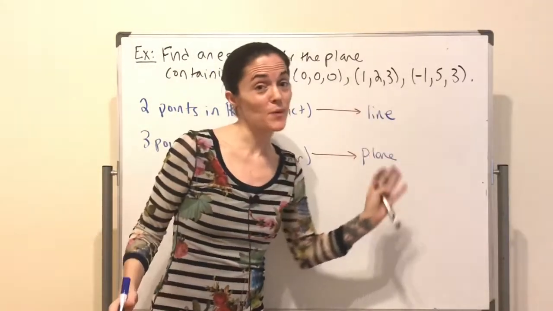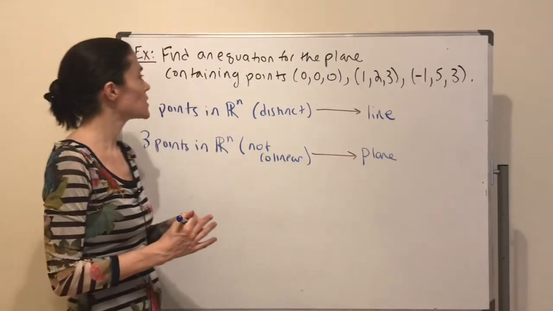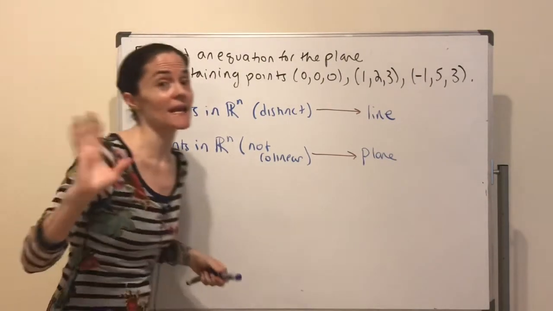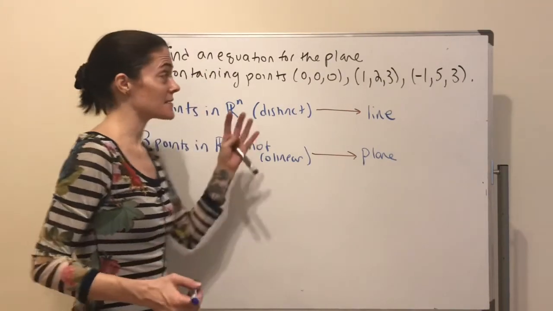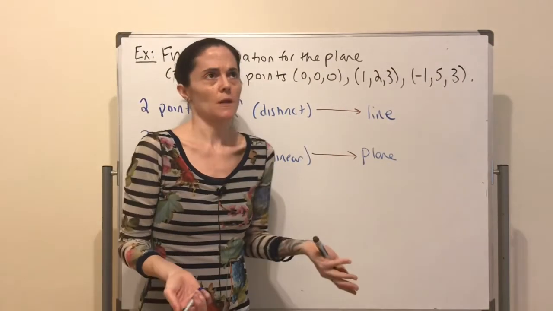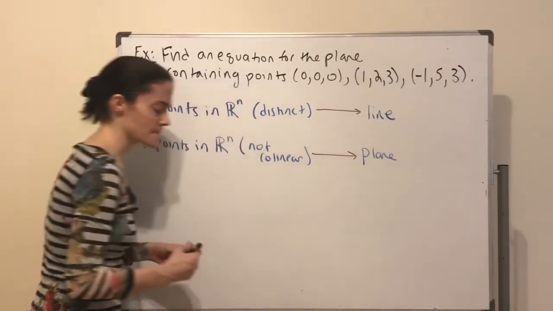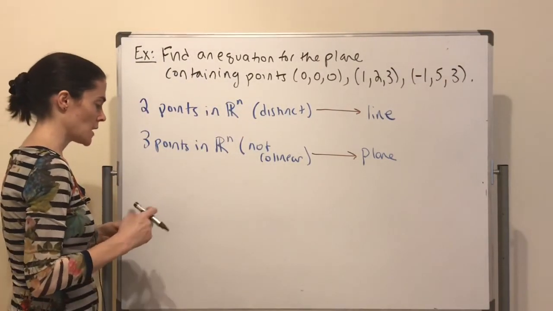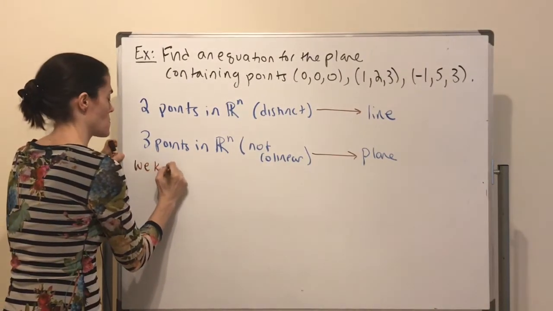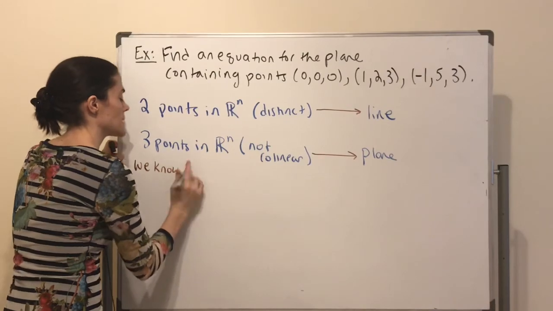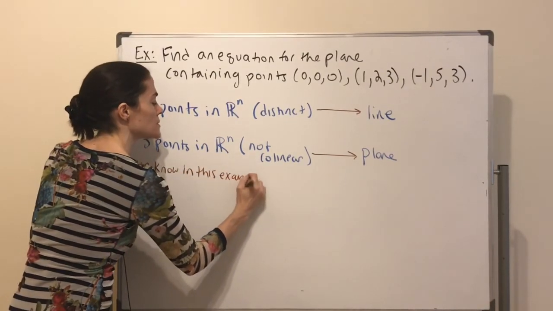So we have 3 points in R3, and it is very natural to ask for the equation of the plane containing them. Well, the problem is, if we stare at these 3 points, we don't have a normal vector to the plane. So what do we know in this example? Let me label some points.